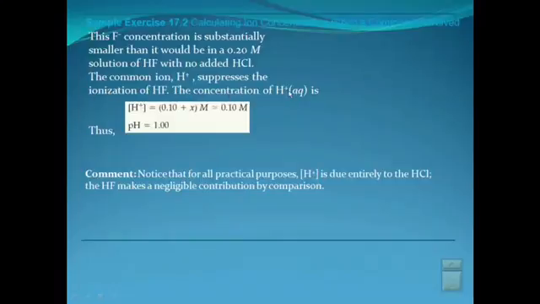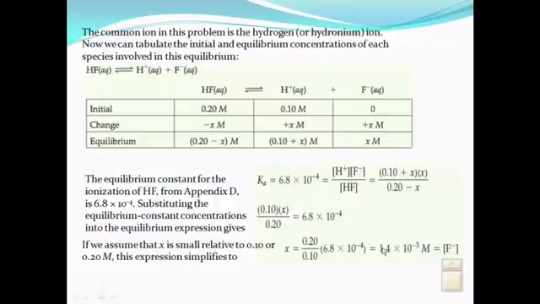Therefore, the concentration of H+ is pretty simple. You're going to do 0.1 plus x, which is really, really small, and it's basically just equal to 0.1. And so your pH will be about 1. Look back at the value of x. It was 1.4 times 10 to the negative 3. What is 0.1 plus 0.0014?